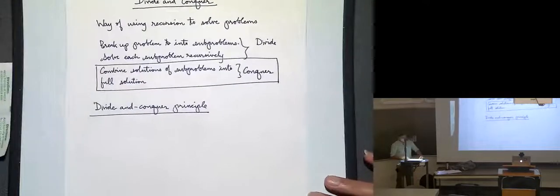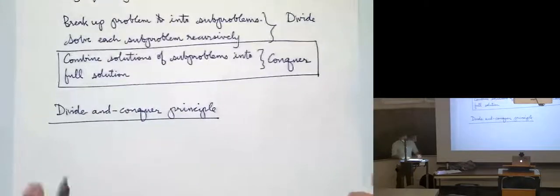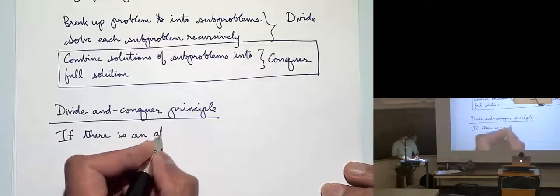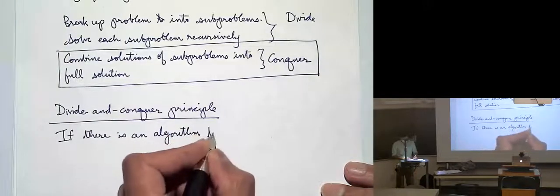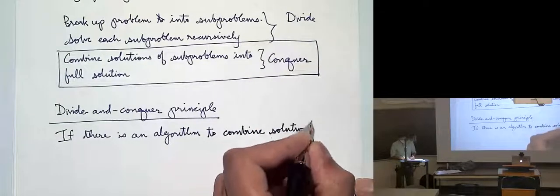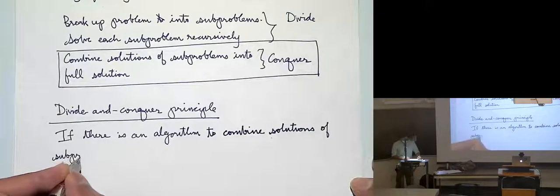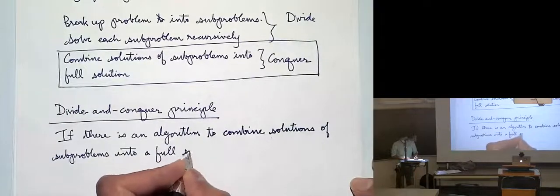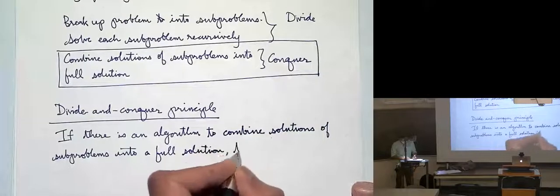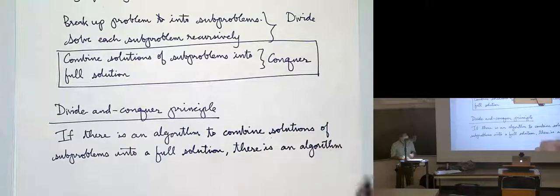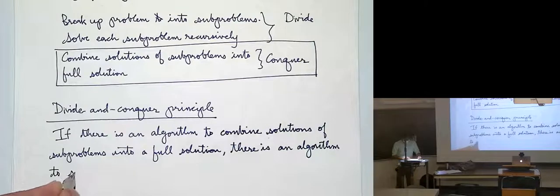The divide and conquer principle is: if there is an algorithm to combine solutions of subproblems into a full solution, then there is an algorithm to solve the full problem.